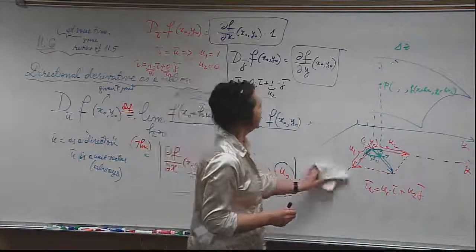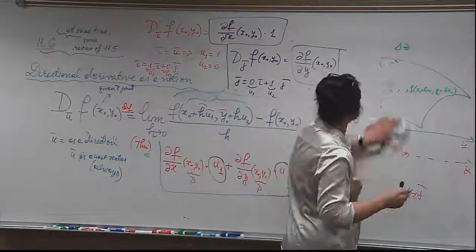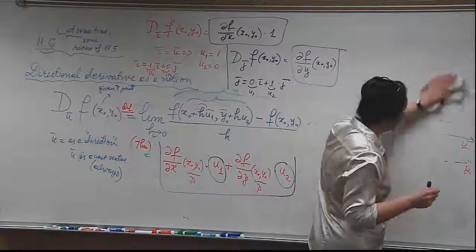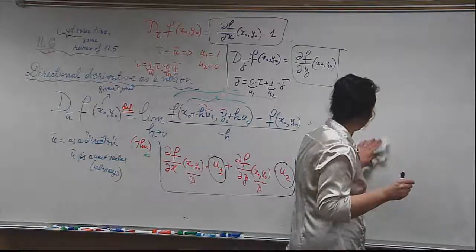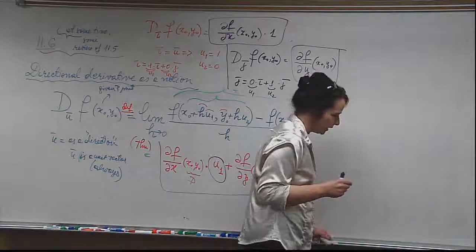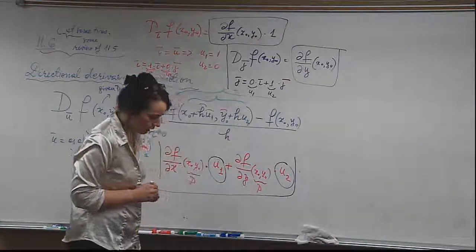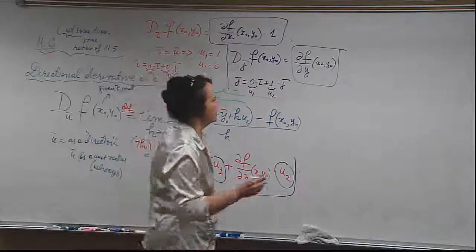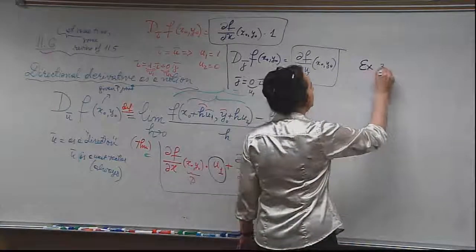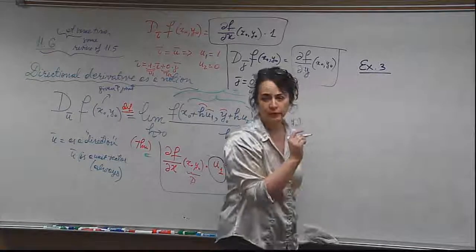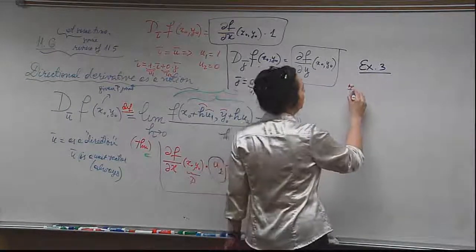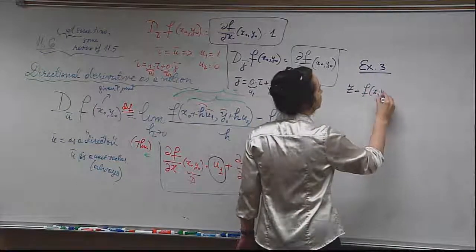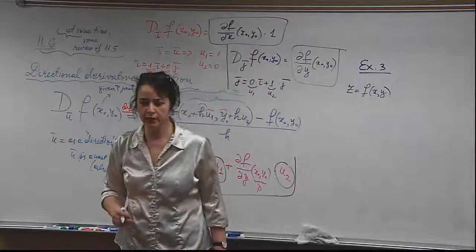Okay, let's see some problems of the type that I've always put in the midterm and the same kind of problems like we have seen in the final. Example 3, is it guys? I don't know, example 3, 4, something like that. Given z equals f of x, y, what do you like best, the valley or the hill?